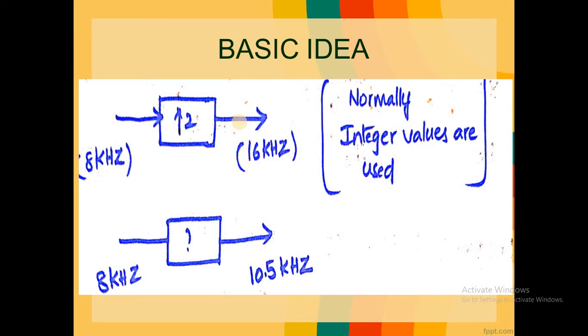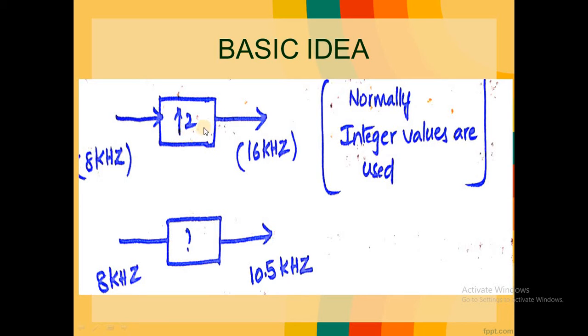Why do we need sampling rate conversion by a rational factor? For example, there is an input sampling rate and an output sampling rate. If you want an output of 16 kHz, we are upsampling by a factor of 2.